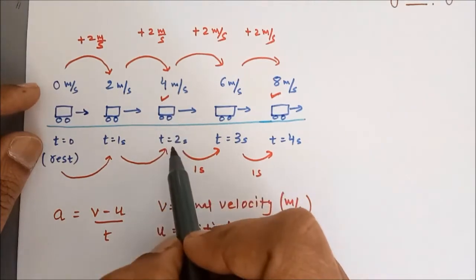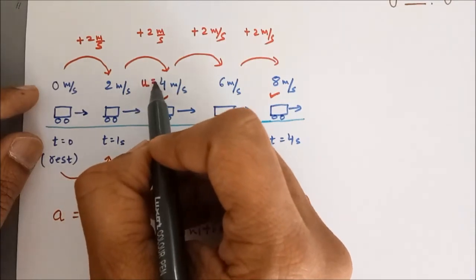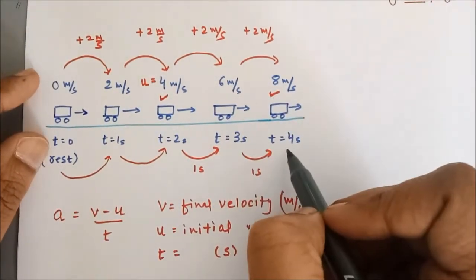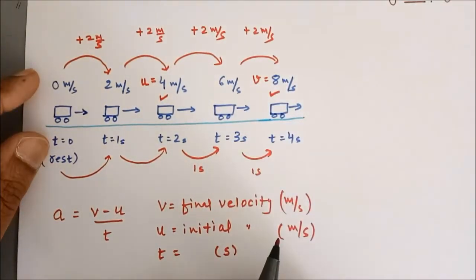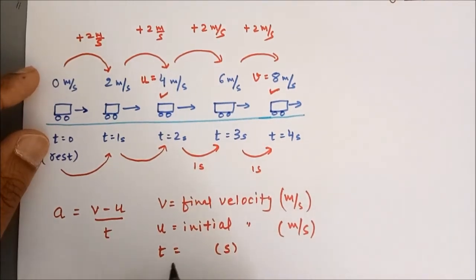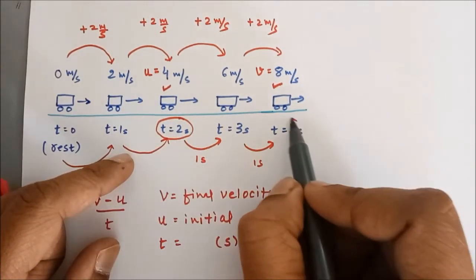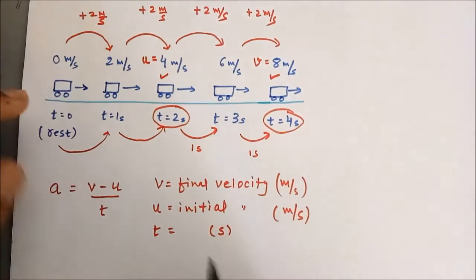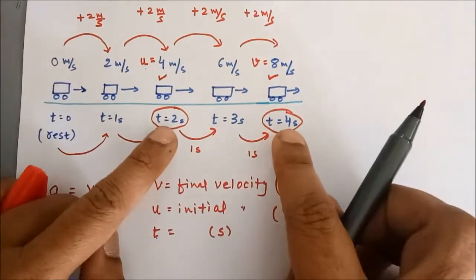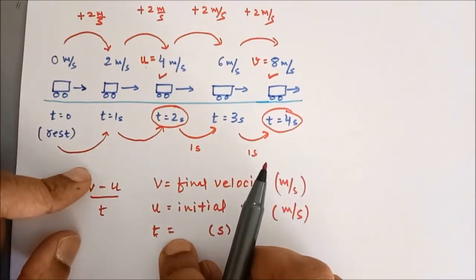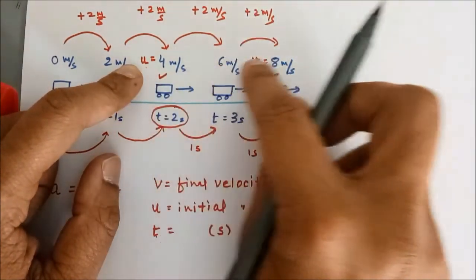Now the vehicle which is at lower time, at less time, its speed is considered as u, and the vehicle having some speed at a larger time is considered to be v. Now the time t shown over here is the time gap between these two values. So basically this time t is the time taken by the car to go from u to v. So we are talking about this time difference. So this t is nothing but the time taken in between v and u, that is, the time taken by the car to go from u to v.